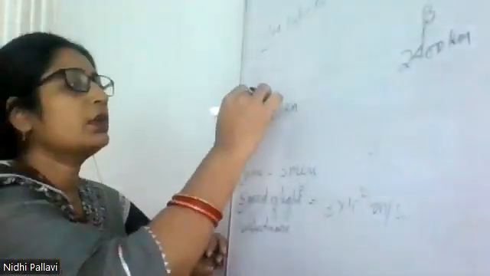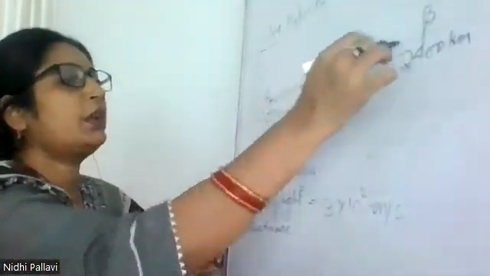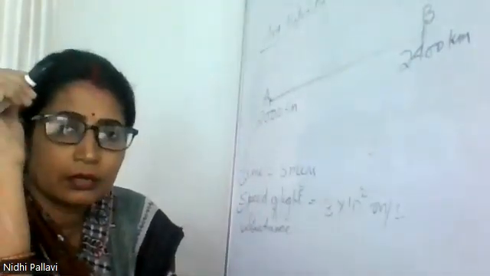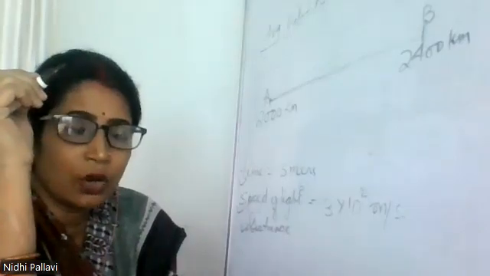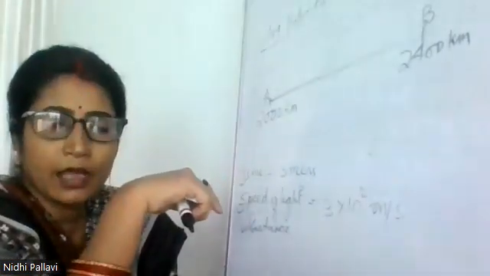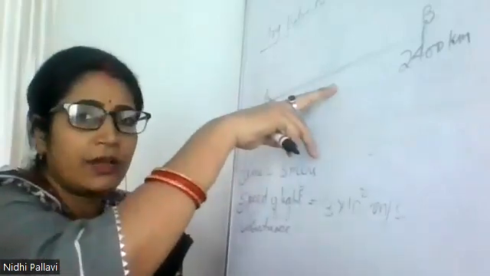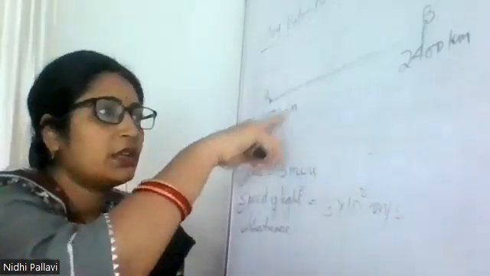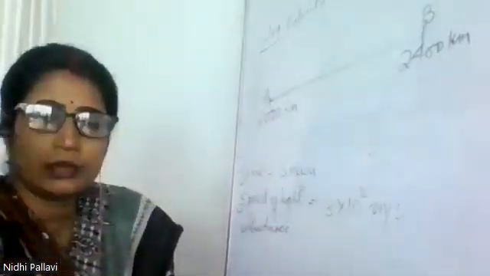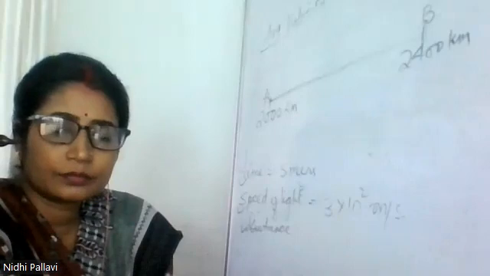So what is the total distance covered by the car from A to B? Ma'am, 400. Yes, 400. You will not total them. You have to find how much total distance was traveled. This was the initial, this was the final, you will subtract the two. Final minus initial, you will get the distance.